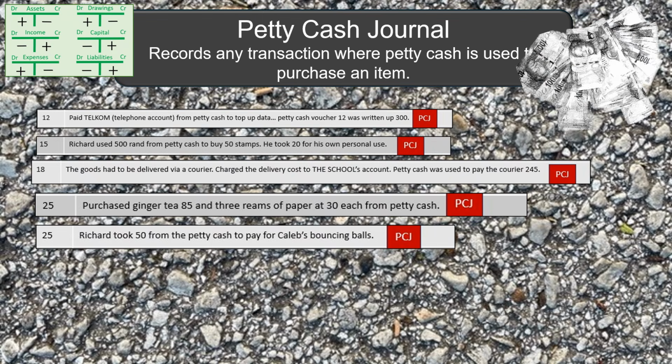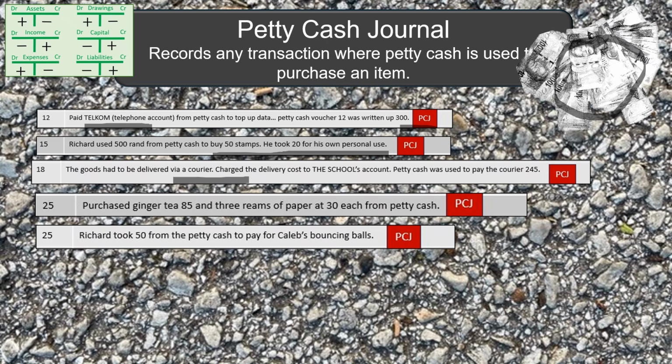Right, the petty cash journal. Remember, petty cash is cash that we keep on the premises in order to pay for small amounts. For example, paid Telkom, the telephone account, 300 Rand. The owner used some money to buy some stamps.